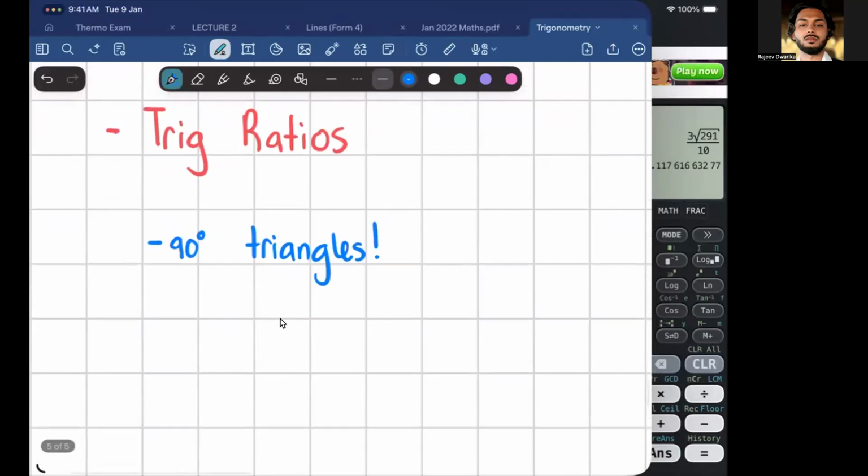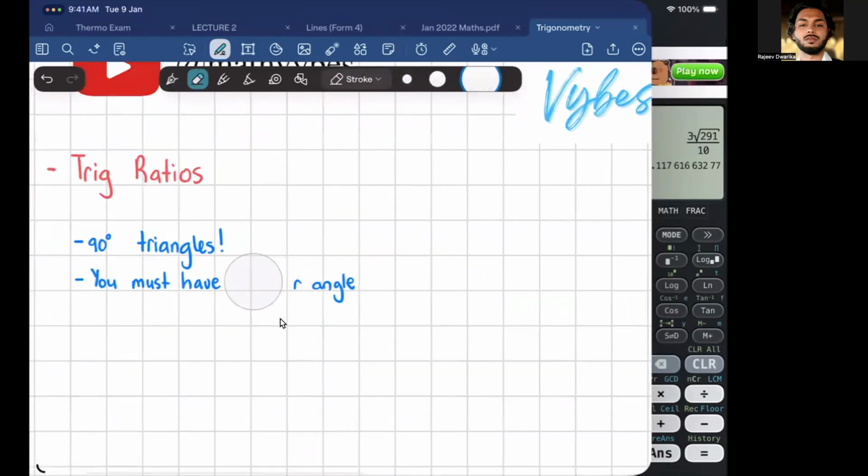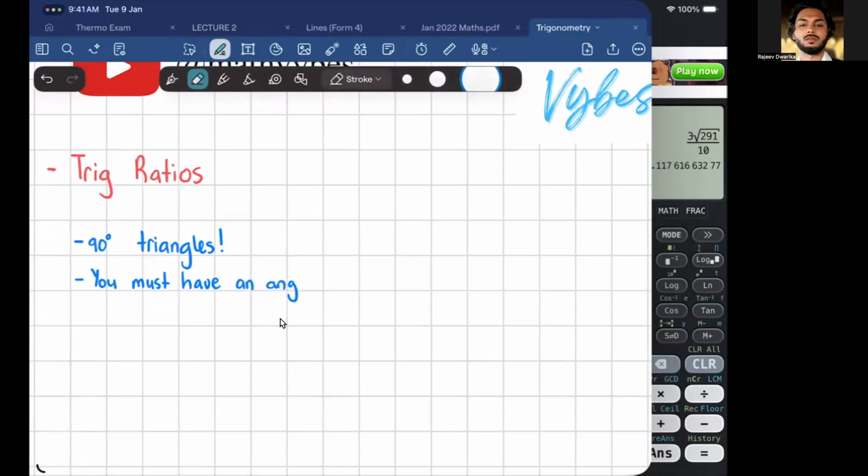So you can only use trig ratios for a 90-degree angle triangle. The second condition, you must have an angle other than 90 degrees.